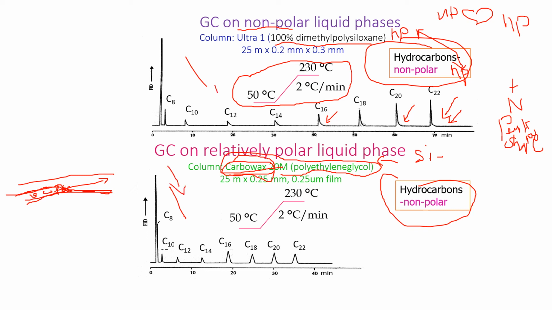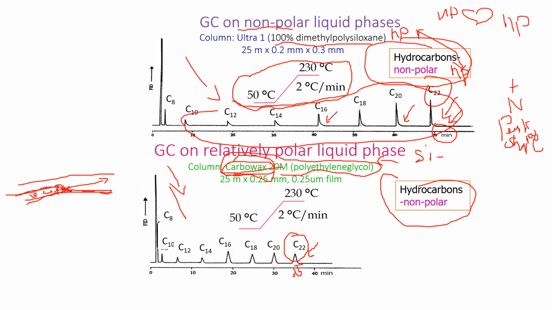But if you have problems like this, you have to choose a slightly polar column to make sure that the hydrocarbon does not stick that much. If you see C22 compared to C22 here, because they love each other, it takes up to 70 minutes, while here it is only 35.